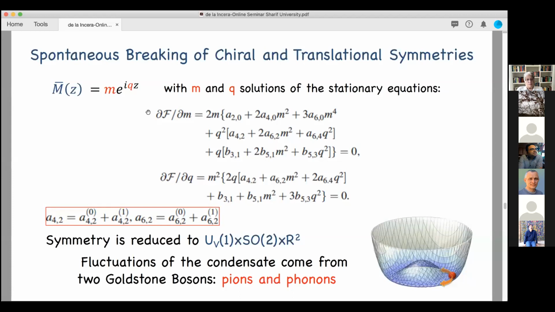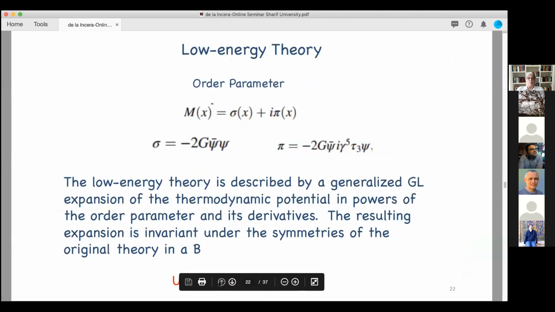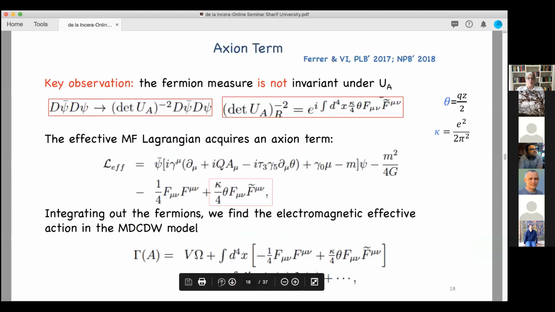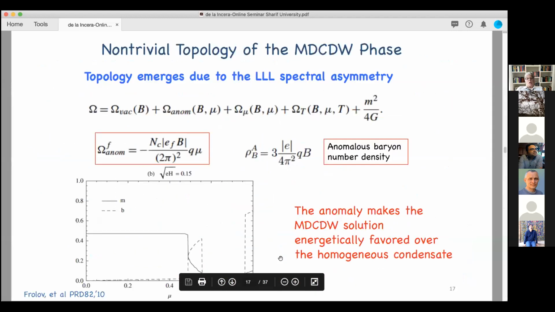Is there any limit on this Q, for example, constrained by the size of the system? Some Q or B? B is Q over 2. B or Q is obtained from the minimum equations that I showed you. What you see here is a plot, for a certain magnetic field magnitude, of M and B as a function of the chemical potential.